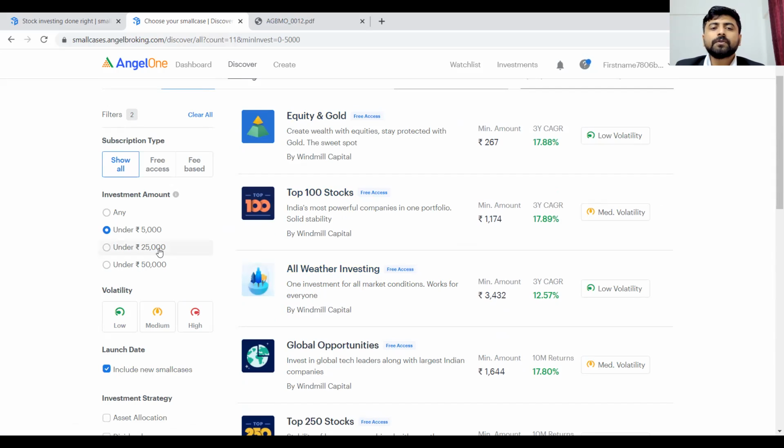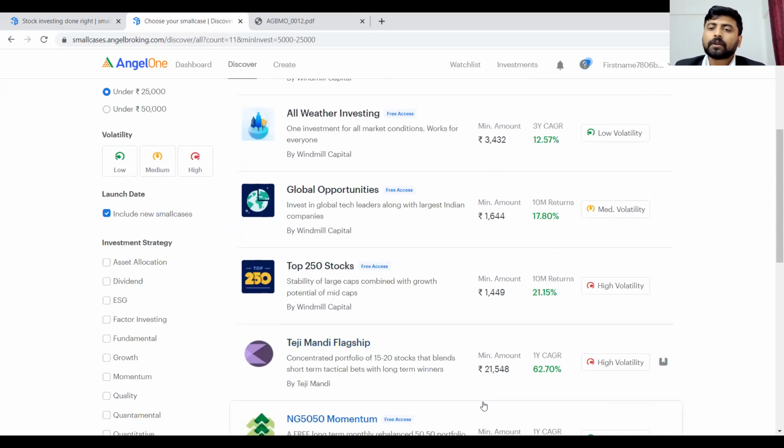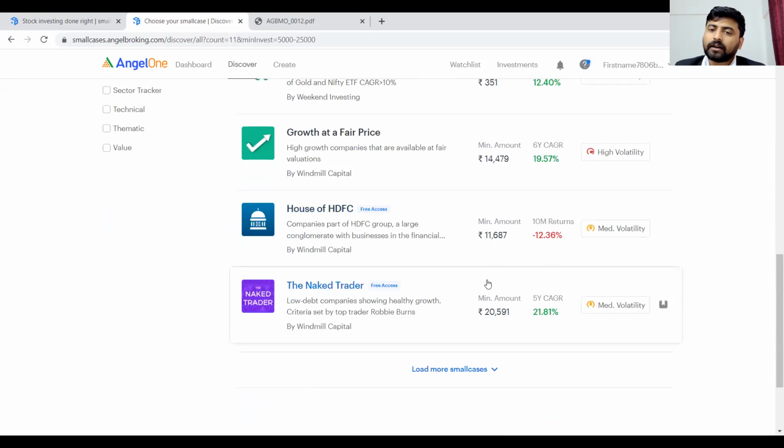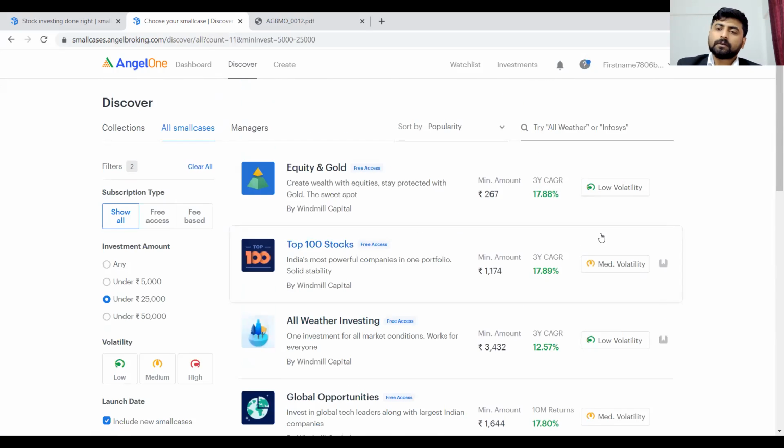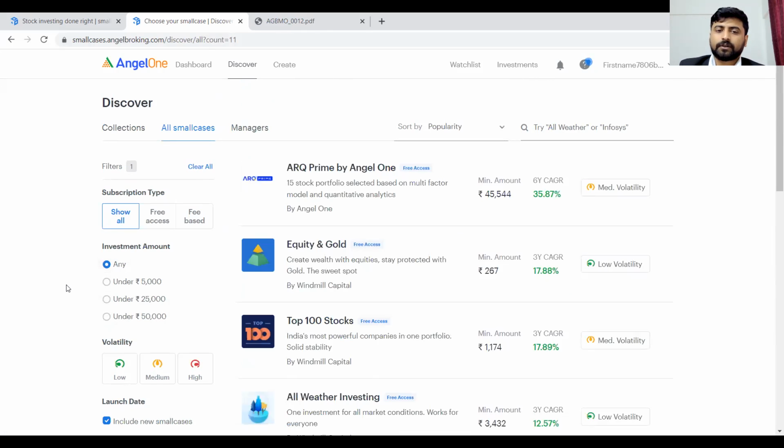Similarly, if you wish to explore small cases which are under 25,000, you can do that. And you will see that the minimum investment amounts for these small cases are under 25,000. We'll talk in detail about how this minimum investment amount is chosen, but for the moment, just stay with me. Similarly, you can also segregate it using the under 50,000 option.